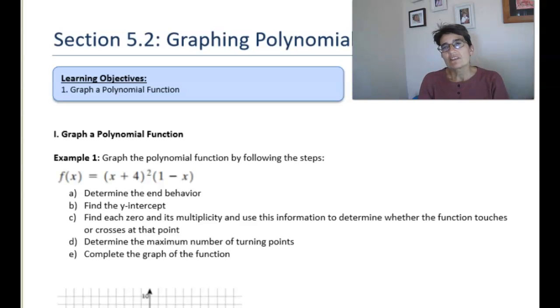So the multiplicity will tell you information like that. And we want more detail. We want to find the maximum number of turning points, just to be aware of that, so we don't draw too many wiggles, basically. And then from that information we can do a good sketch. It's not going to be an exact graph, probably not as good as a parabola, but we can do a very reasonable sketch of a polynomial from all this information.